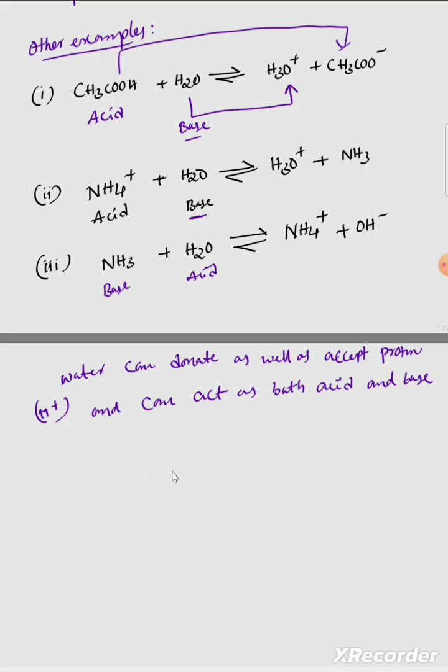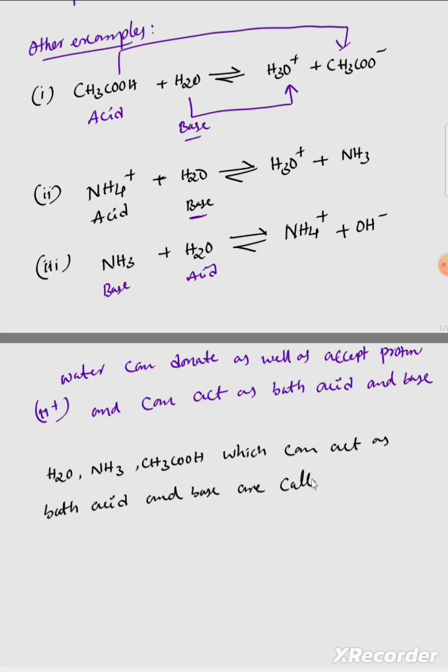Species like H2O, NH3 and CH3COOH, which can act as both acid and base, are called amphiprotic.